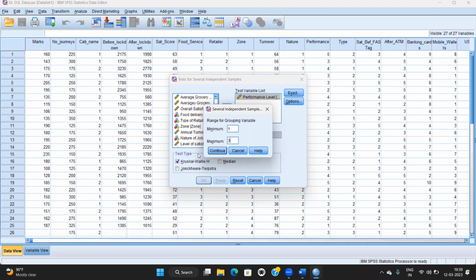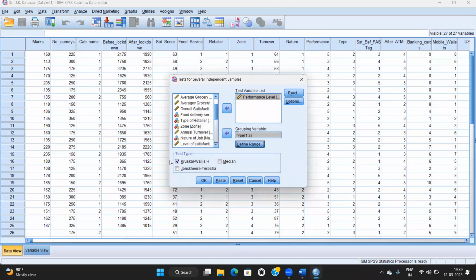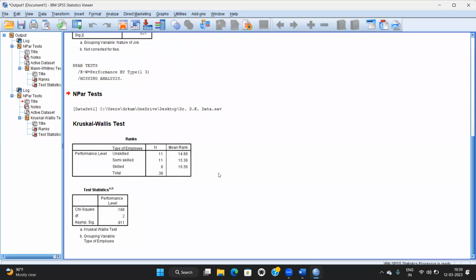Suppose we have 4, then we can enter 1 for minimum and 4 for maximum. Then continue. Look at this, Kruskal-Wallis test is selected by default, so nothing needs to be done. Straight away you can click OK. So these are the results.